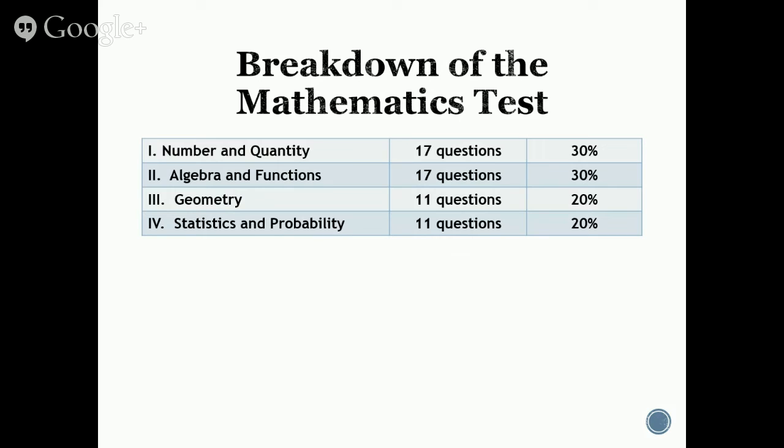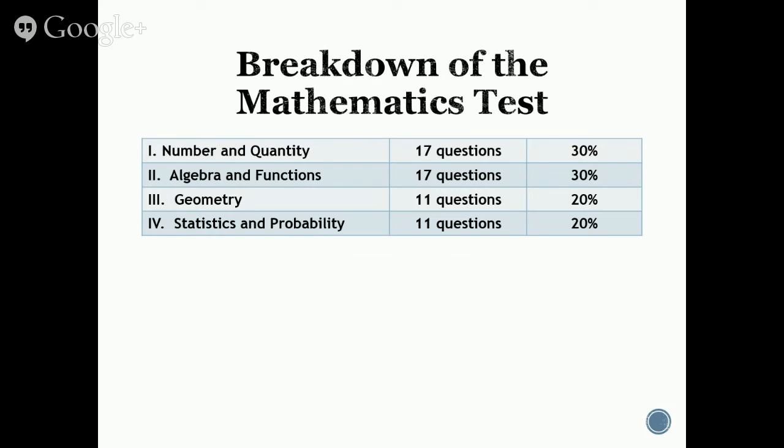Now, the breakdown of the test, it's divided into 4 sections. Number and quantity is the first section. Algebra and functions is the second. The third is geometry, and the fourth is statistics and probability.